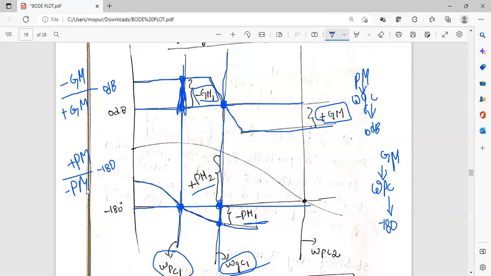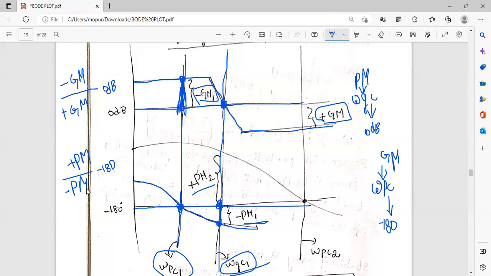At which point should we find the phase difference? At gain crossover frequency. How to obtain it? It is the point of intersection of the magnitude plot and 0 dB.